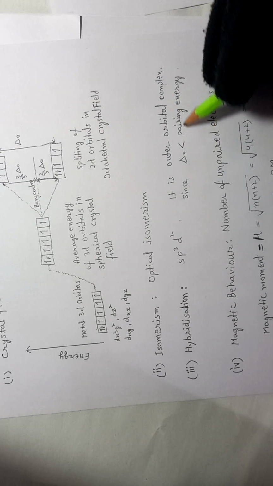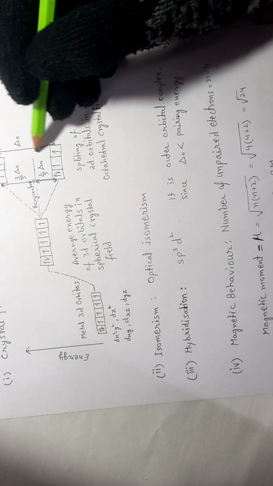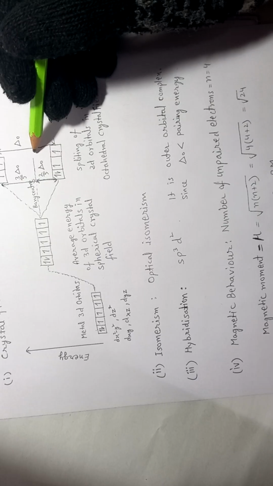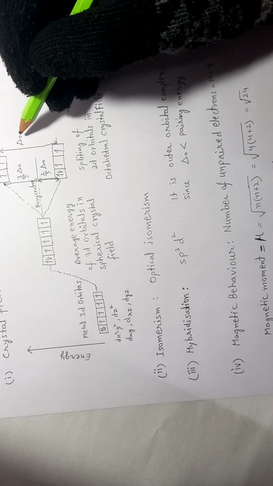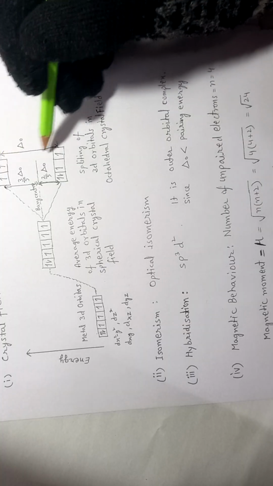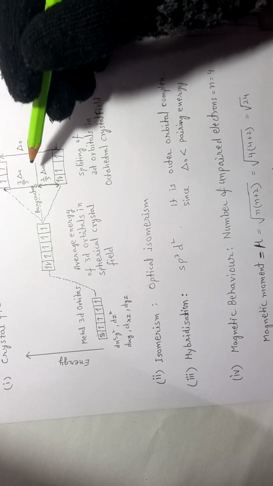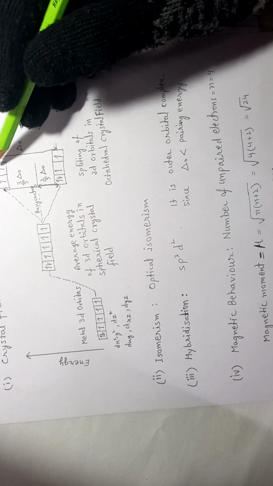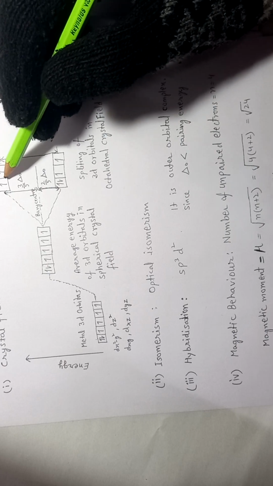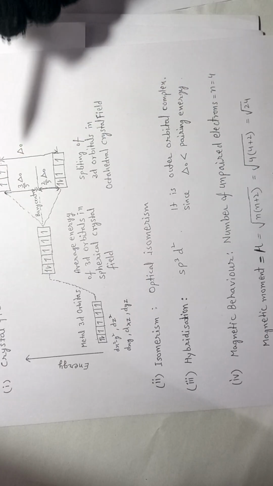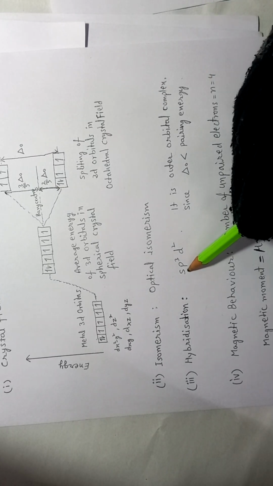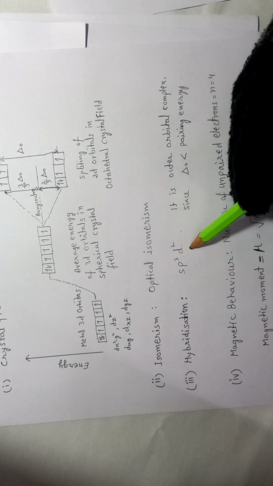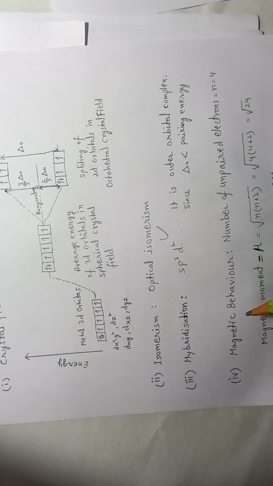Because the splitting is less, if the splitting had been more because of a strong field ligand, then pairing would have occurred here. This would have been vacant and it would have been used for the hybridization. So this is not used. So this is an outer orbital complex and it is sp3d2, not d2sp3. So this is the hybridization.